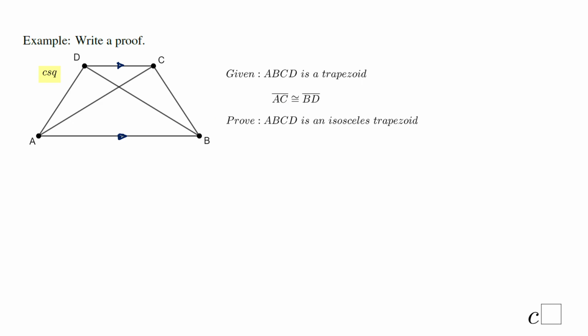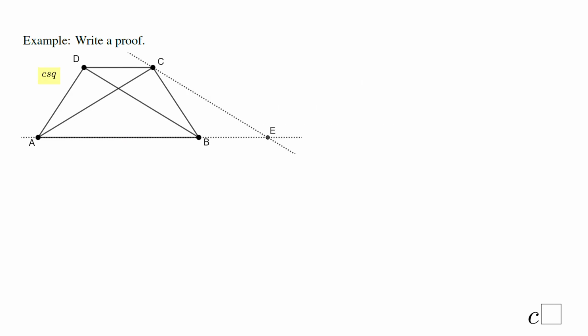Is this trapezoid an isosceles trapezoid? This is a very interesting theorem, the converse. For proving this, look at what I'm doing. I'm going to draw these dashed lines CE, which is parallel with DB.